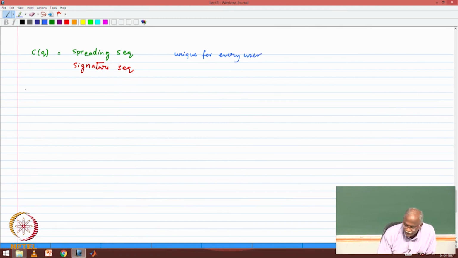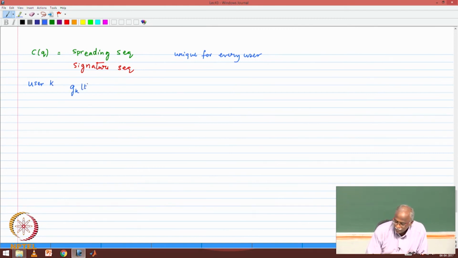So let us look at two users, K and J, and start to make some observations about their spreading sequences. For user K, the waveform for one symbol will be a combination of the waveforms of the different chips. The chip waveform is the same, but the chip values are different. So that is captured in the following form.